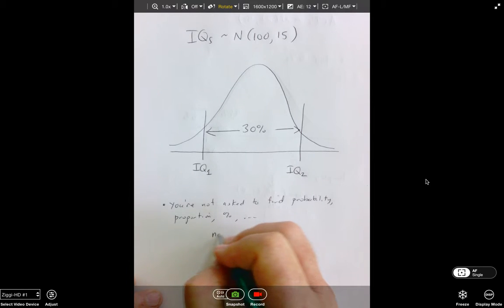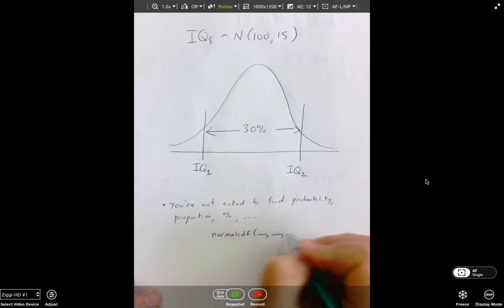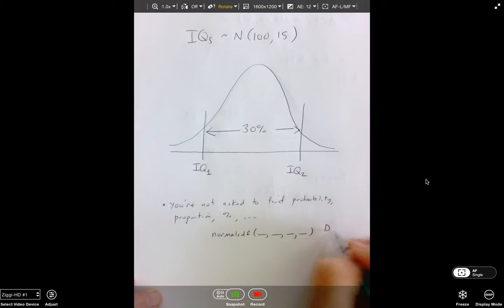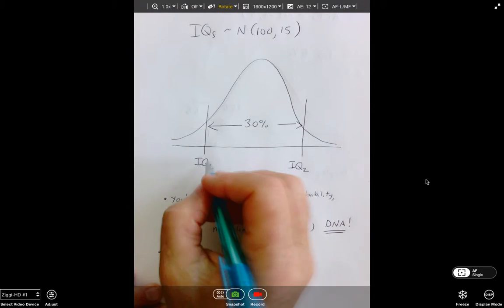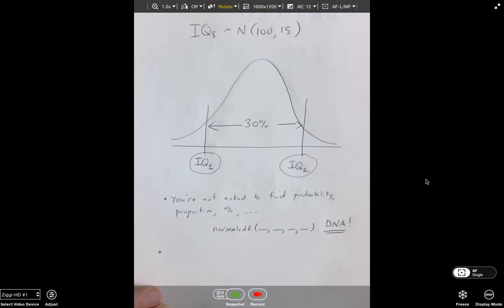So the normal CDF key that I taught you in the previous video does not apply. You are being asked to find a score from the distribution. Actually, you're being asked to find two scores from the distribution. So the key that's going to apply here is the inverse norm.